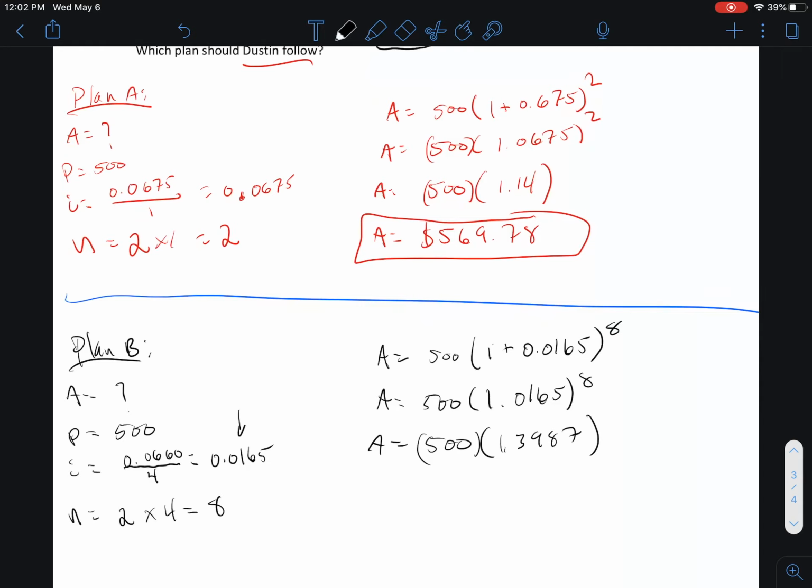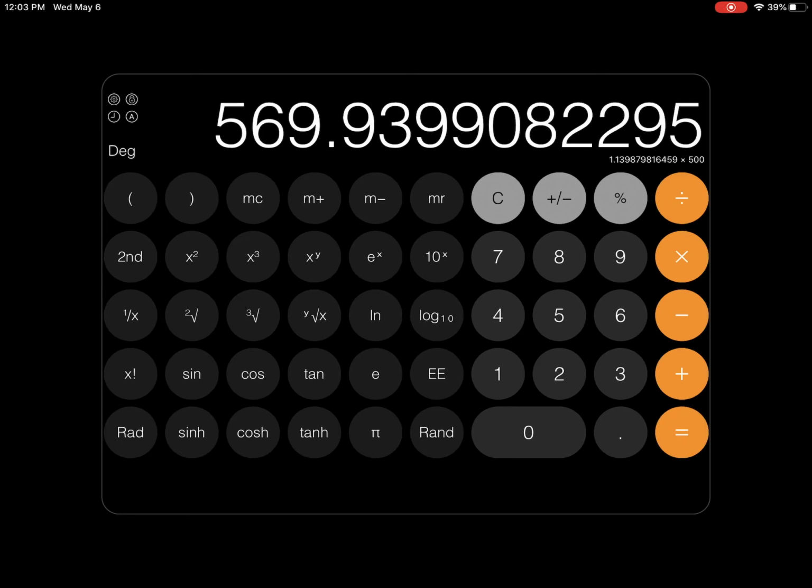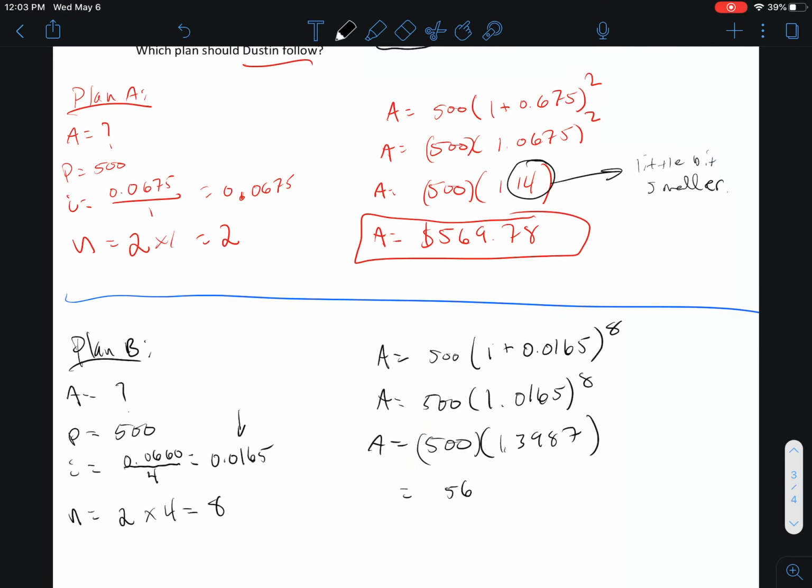Maybe I shouldn't have rounded the last question, right? You're going to see the difference in the answers here. Remember, this number wasn't actually 1.14, right? It was a little bit smaller. Okay, so I can do the math on that. Now I'm going to go 500 times that answer, right? 569.93.